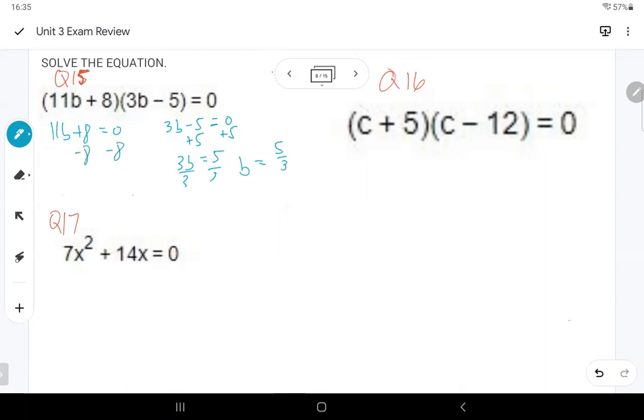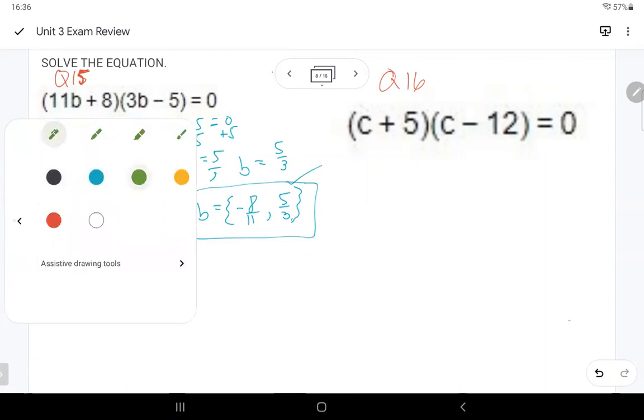Or the other option is we could have b equal to negative 8/11. So that's going to be in your set like this. Again, I don't care which way you want to show it. The set is obviously the best option, but again, up to you. Whatever you can remember will be fine.